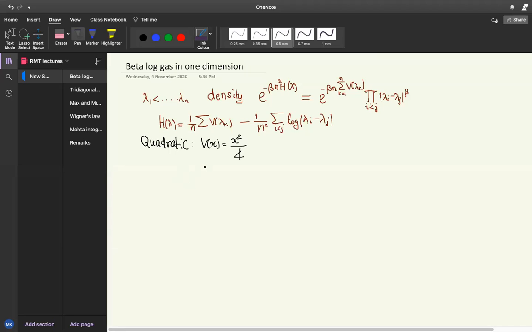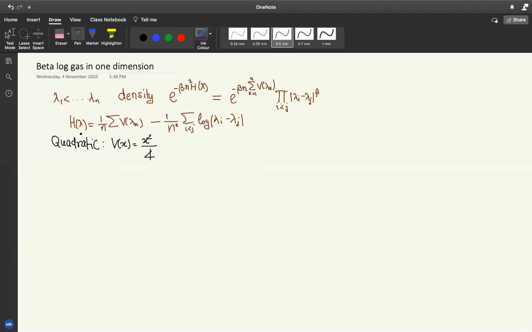So what is the objective? We can take as our goal the understanding of this beta log gas. What is the beta log gas in 1 dimension? It is n particles, lambda 1, lambda 2, up to lambda n, having a density which is given in this form: e to the minus beta n squared times an energy function h of lambda, which I have written here.